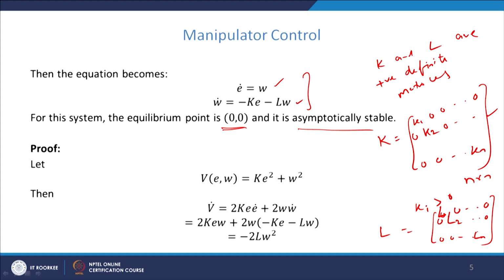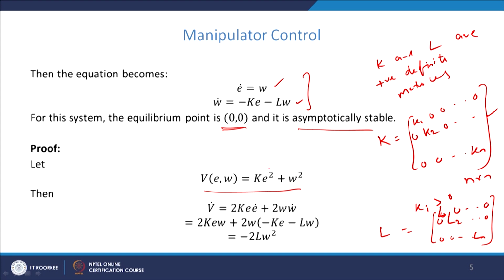That we can see through the Lyapunov theory, which was done in the previous lecture. So, let us assume that the Lyapunov function is taken to be like this in terms of E and W: V of E W is K E square plus W square.